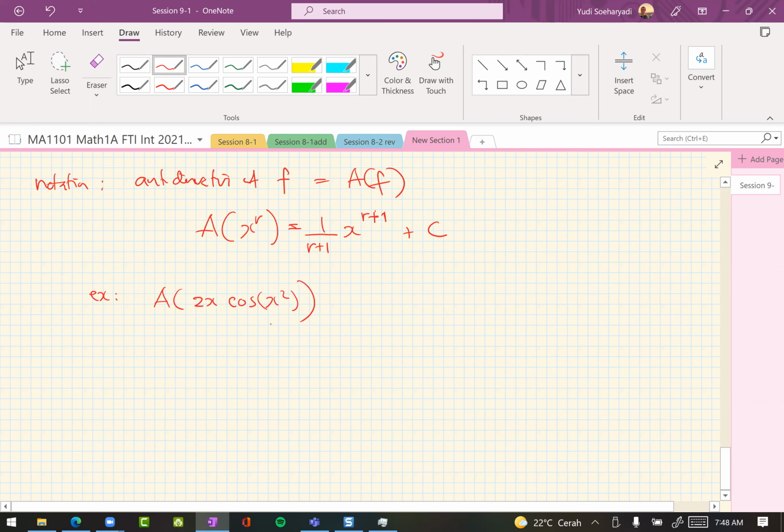We observe that this 2x is the derivative of x squared.